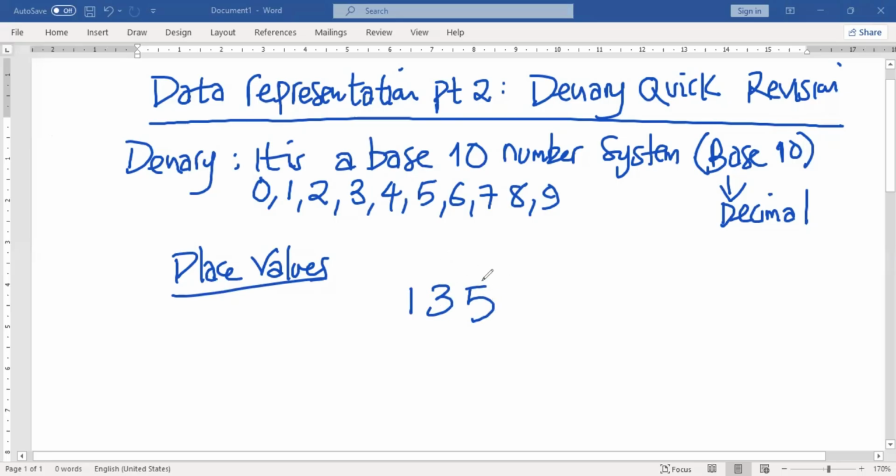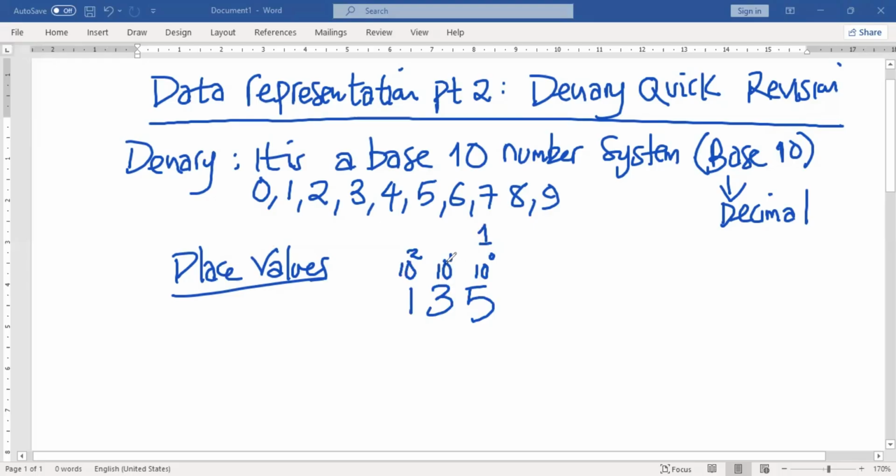We know that in denary, the place value should be 10 to power 0, then 10 to power 1, then 10 to power 2. So we start from 0 going up, like 0, 1, 2, 3, and so on. Any number raised to power 0 is 1.